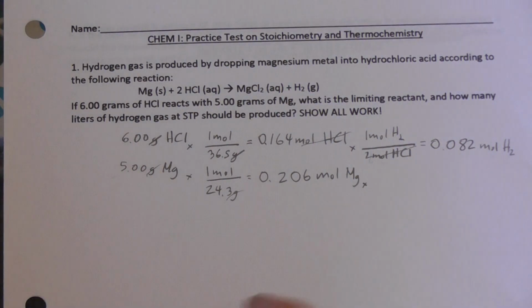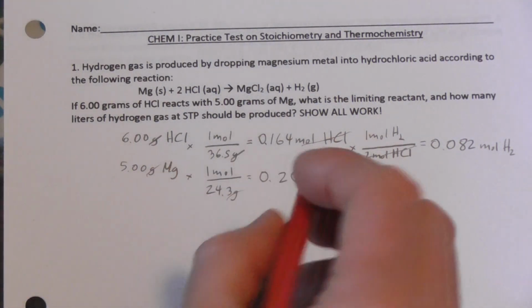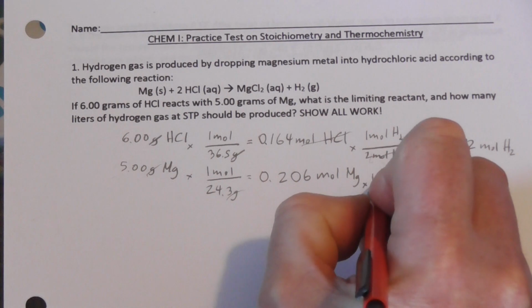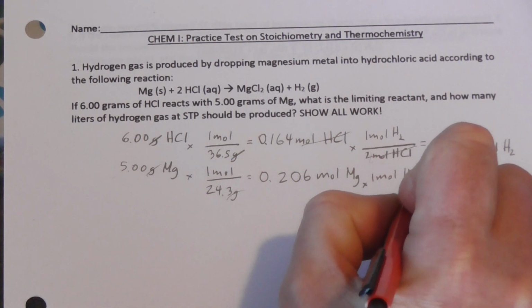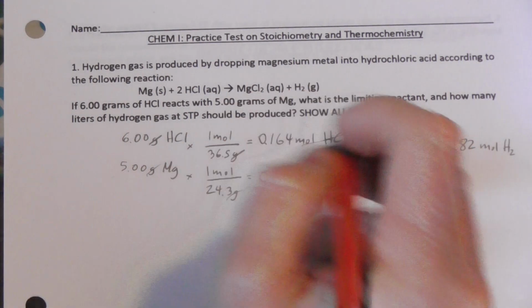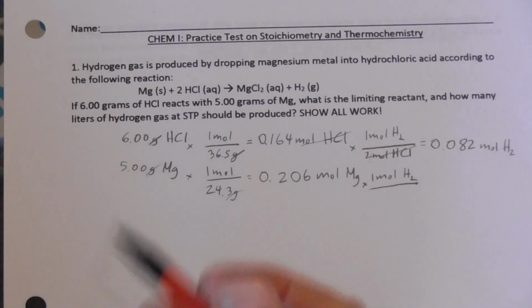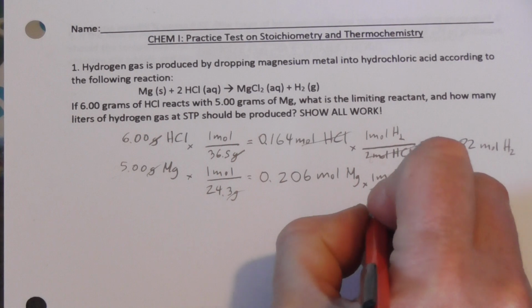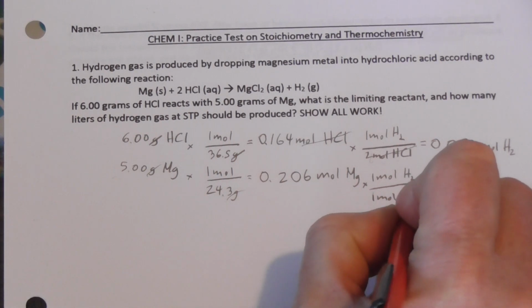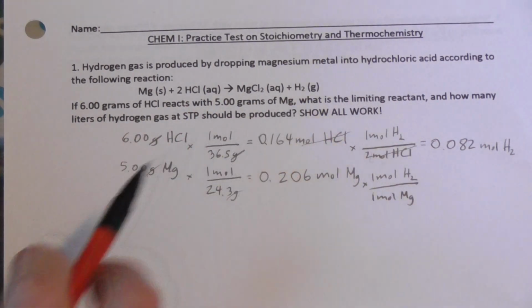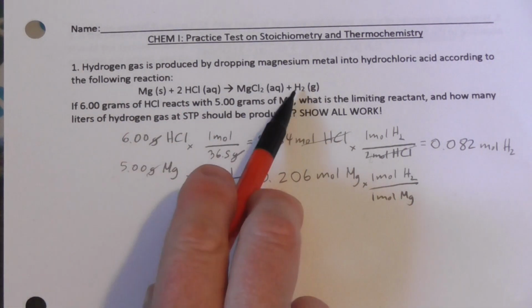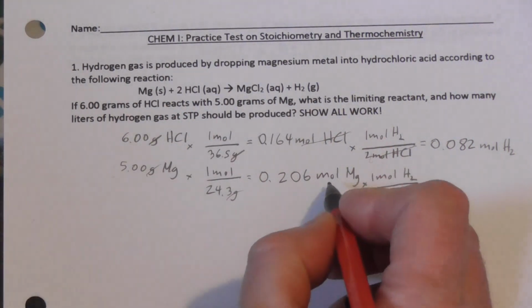Now for magnesium, same idea. What's my ratio? For 1 mole of hydrogen I use 1 mole of magnesium. I got that from my mole ratio. For every mole of magnesium that goes in, a mole of hydrogen gas comes out.